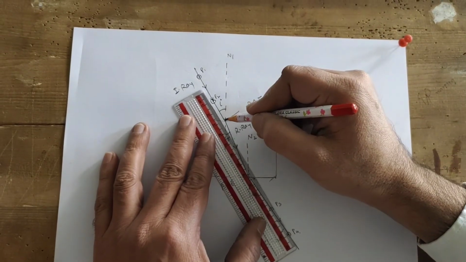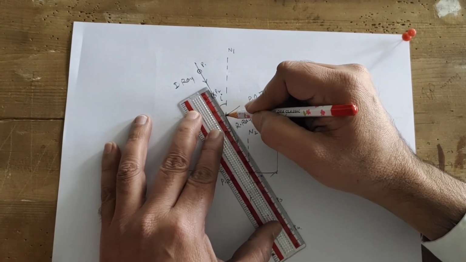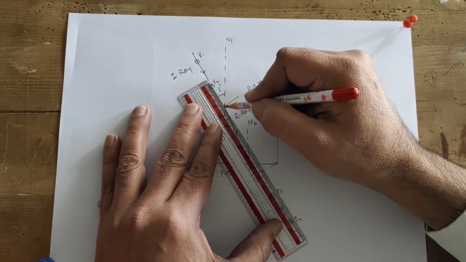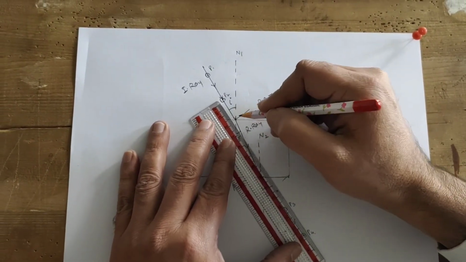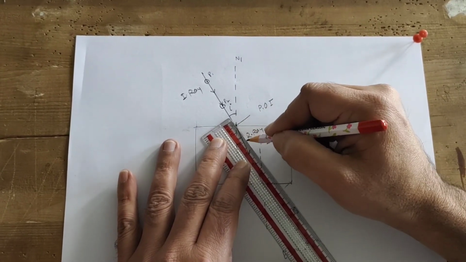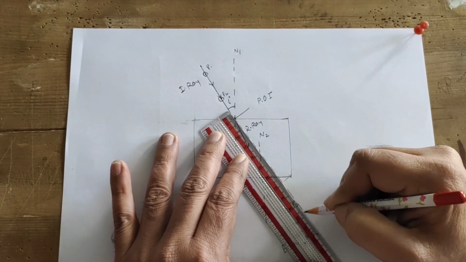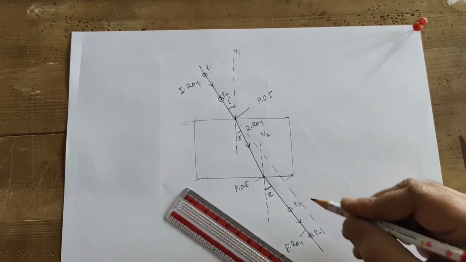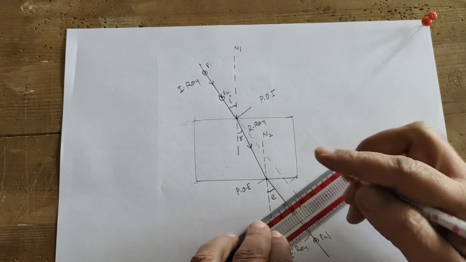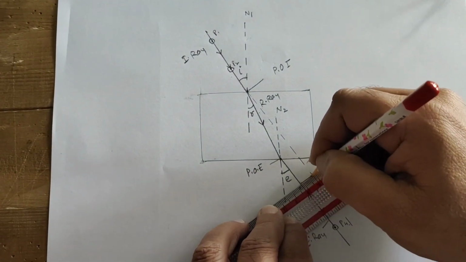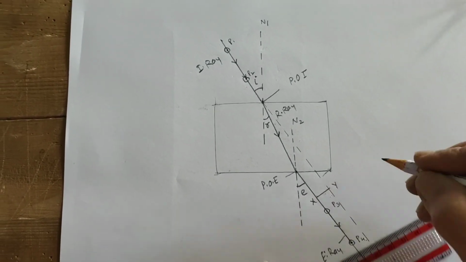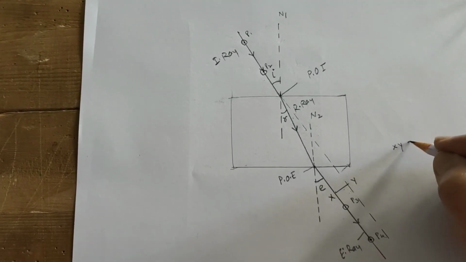Now I am producing this incident ray. These two rays are parallel to each other, and this distance x y, this x y is the lateral displacement.